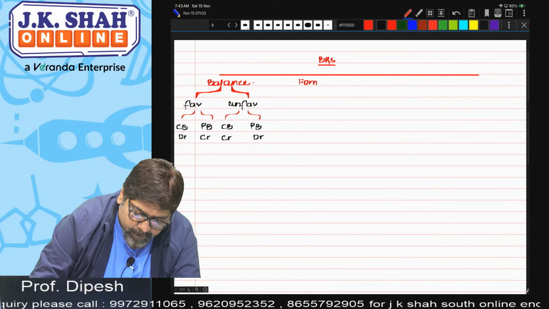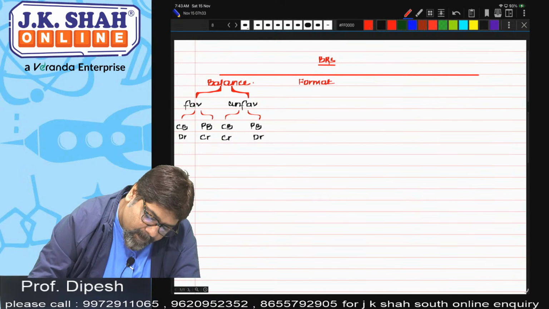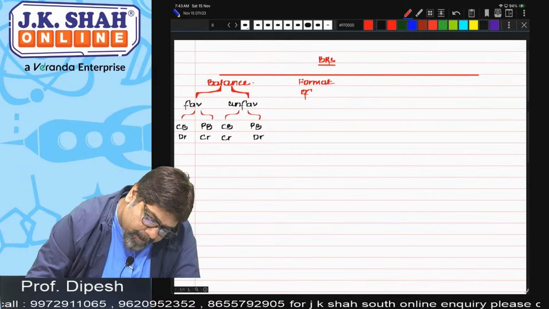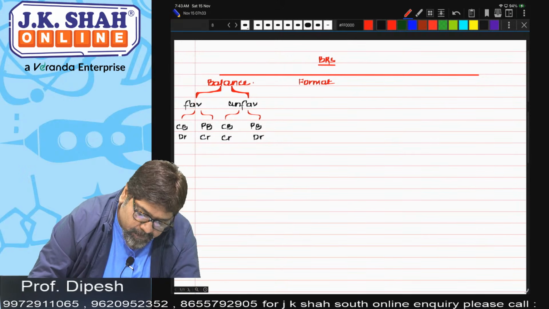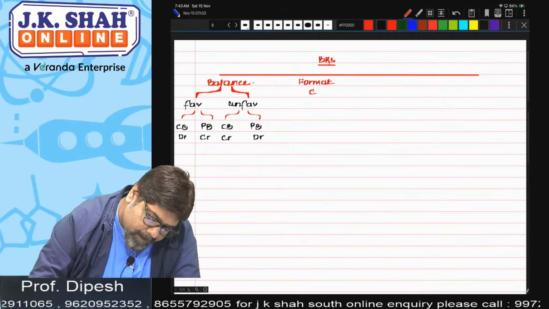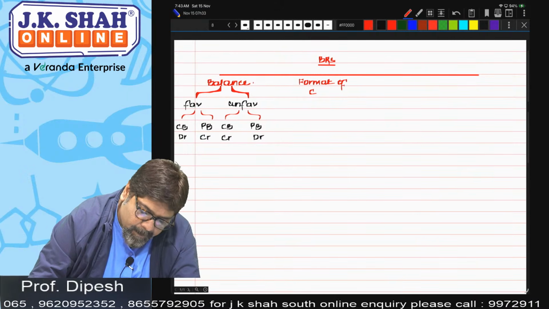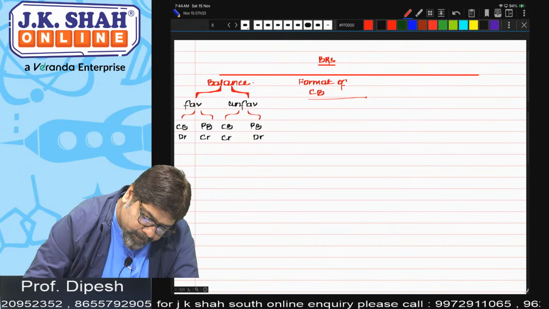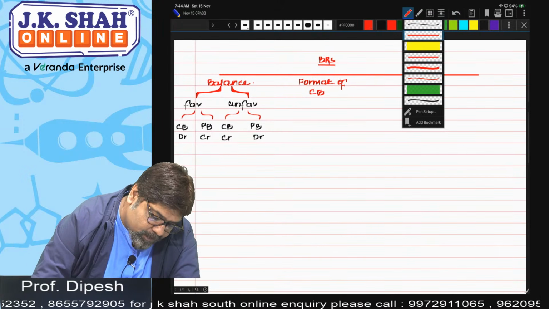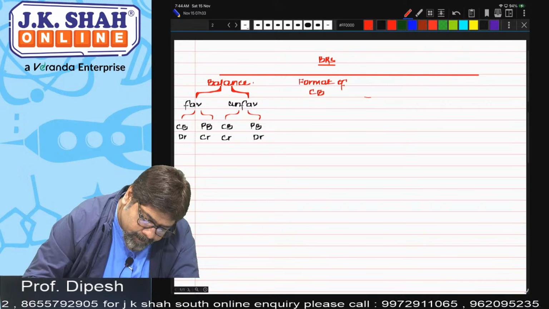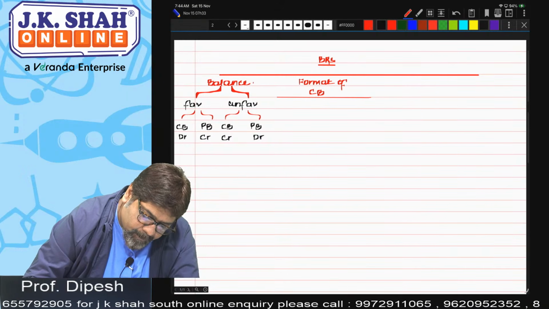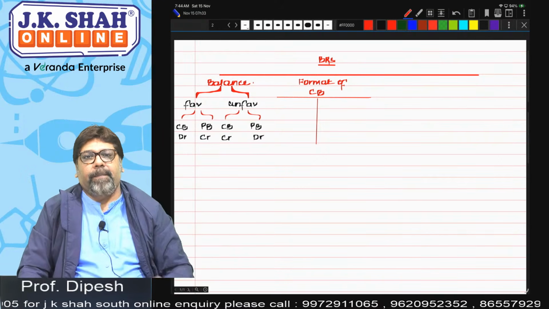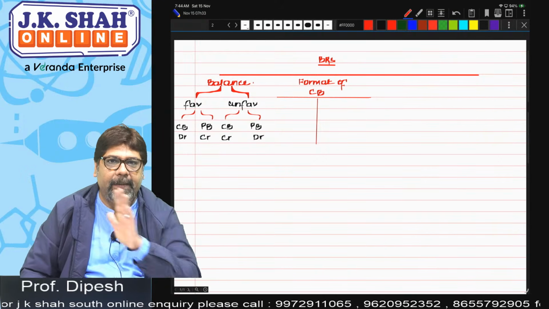Format of the cash book. How does a cash book look? You have always seen a cash book: debit side, credit side.